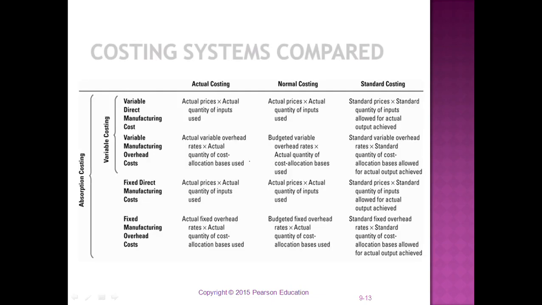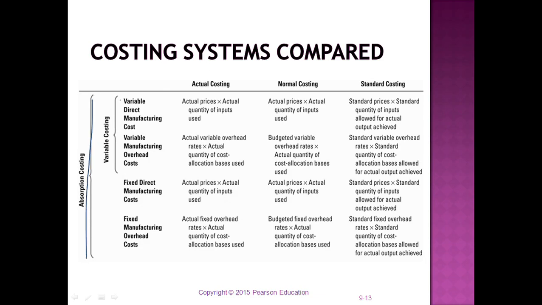So overall, if I'm going to compare the costing systems, notice that in absorption costing and in variable costing, basically what is taken as inventory cost. In case of absorption costing: variable direct manufacturing cost, variable indirect manufacturing cost, fixed direct manufacturing cost, and fixed indirect cost or overhead cost.